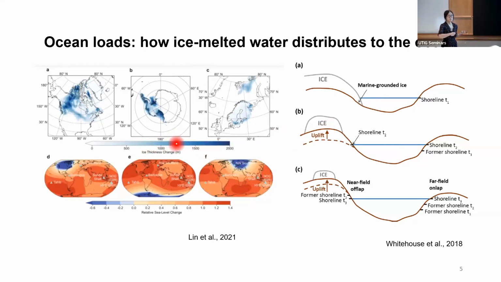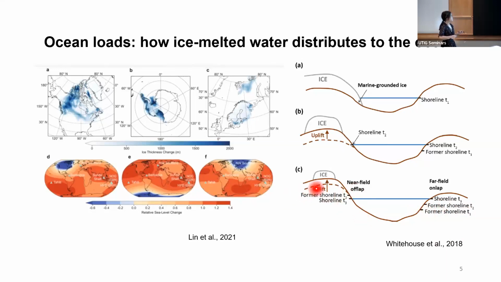Okay, this is the gravitational of the ocean, and also we need to consider the geometry of the ocean. So if we look at the ocean shoreline migration, in the near field and in the far field, they have different patterns.